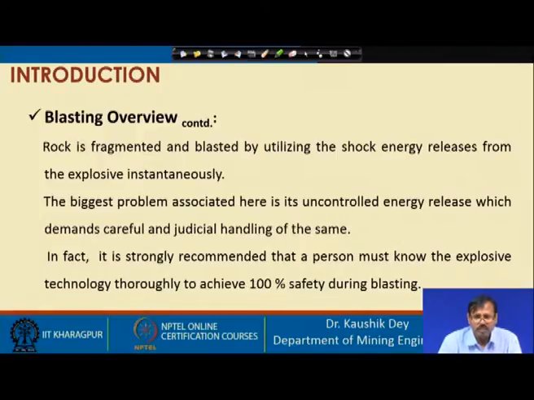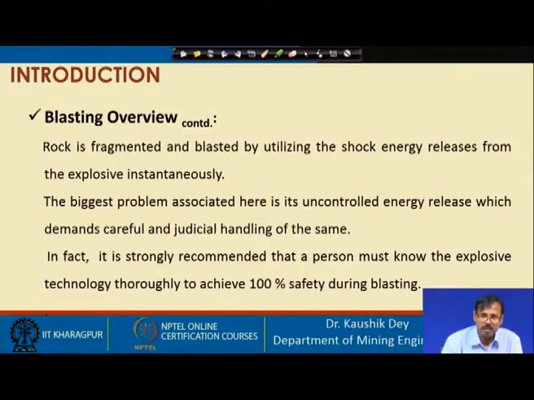Therefore, it is very strongly recommended that a person must go through the basic courses of drilling and blasting before being considered a competent person, as a blaster or blasting technologist who can give 100% safety during the use of blasting.